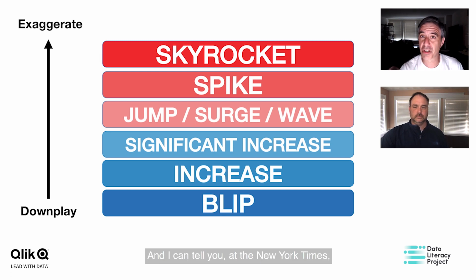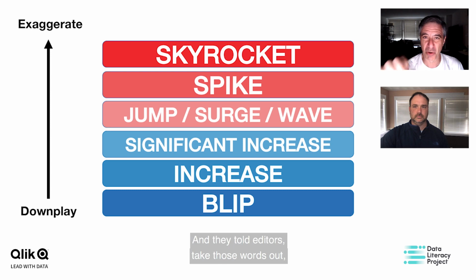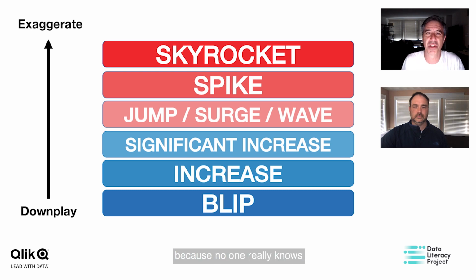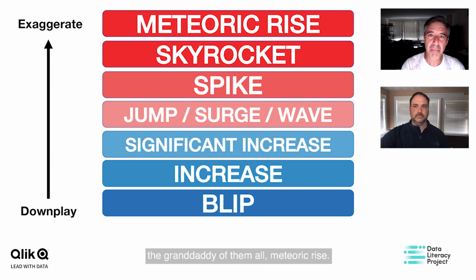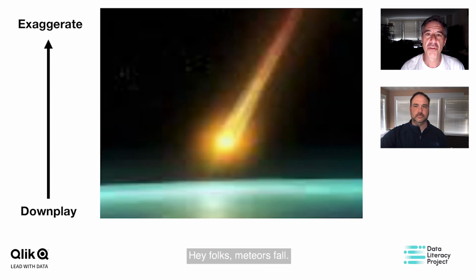And I can tell you at the New York Times, they outlawed those words among reporters. And they told editors, take those words out because no one really knows what skyrocket and explode means. They're so subjective. And then, of course, you have the granddaddy of them all, meteoric rise. Hey, folks, meteors fall. So can we please stop using that phrase?